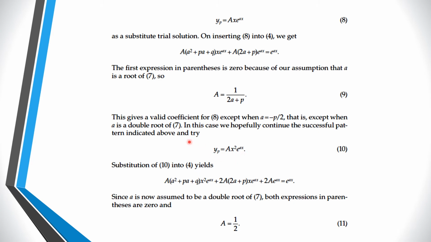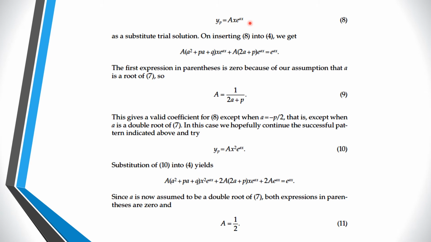Whenever you are given Rx of the form exponential, you choose the particular solution to be of the form A times e to the power ax. But if your small a is a solution of the auxiliary equation a square plus ap plus q, then you choose yp to be A times x into e to the power ax.